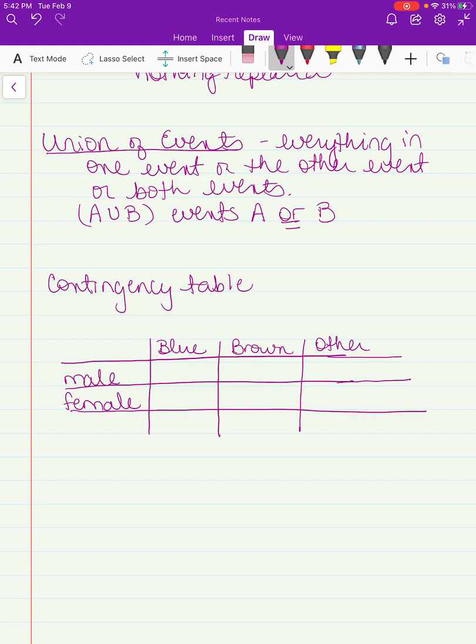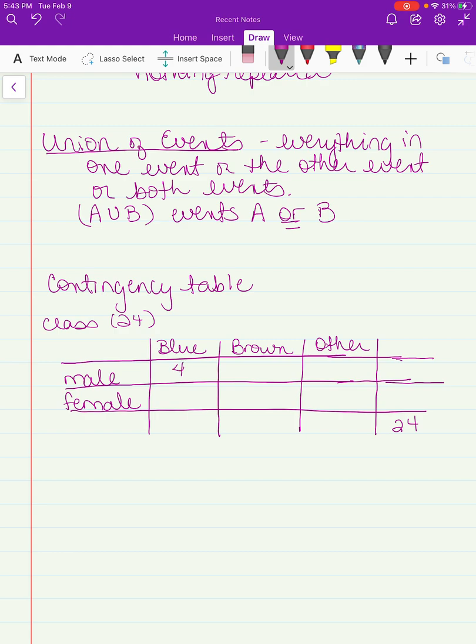So let's say my class had 24 people in it. So the total is going to be down here. So let's say there were 2 and 1 and 3 and 2, and now let me actually make those bigger.